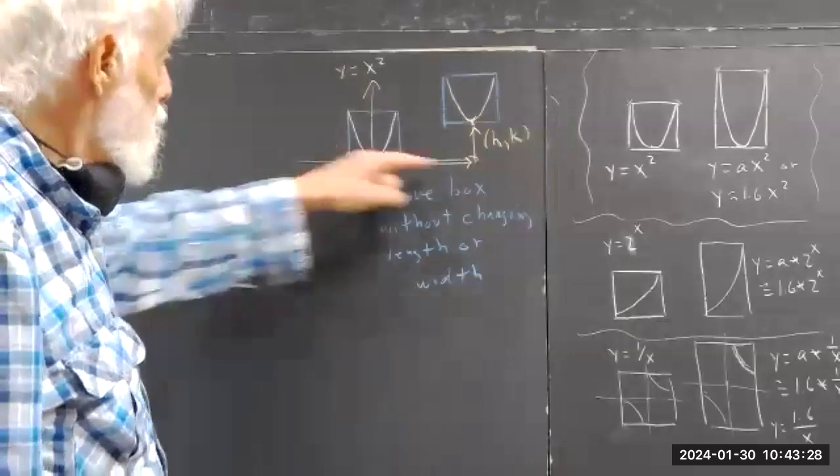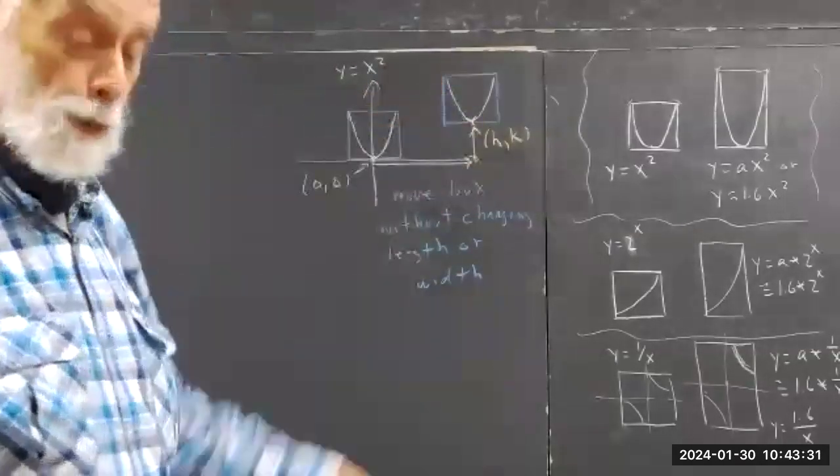Okay, so we move H units horizontally and K units vertically.